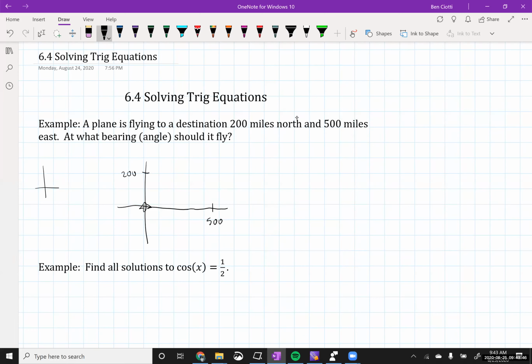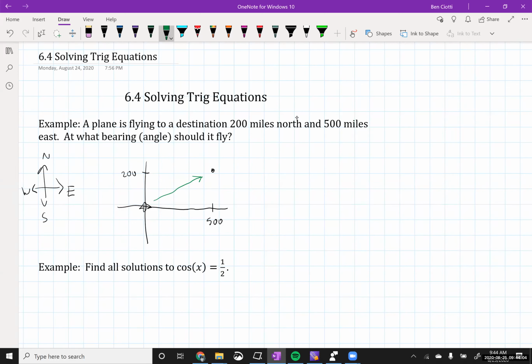So if we use the typical never eat shredded wheat setup, we're trying to fly in that direction.